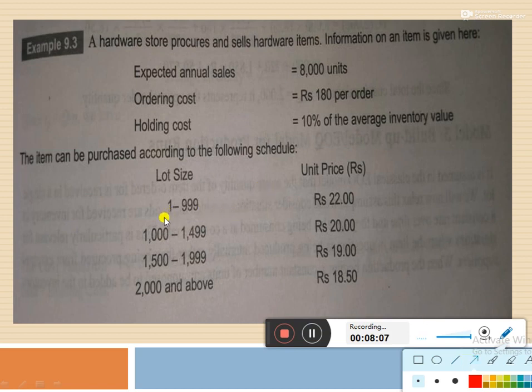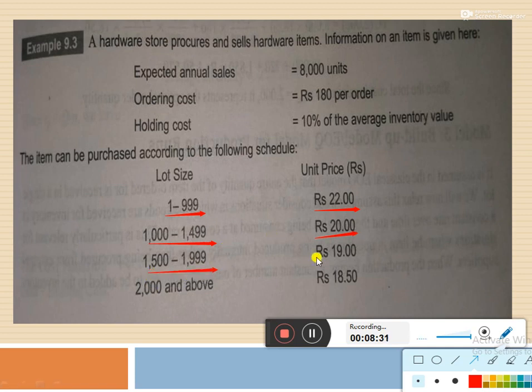If the quantity ordered lies between 1 to 999, then the unit price would be equal to 22 rupees. If the quantity ordered lies between 1000 to 1499, then the unit price would be equal to 20 rupees. So we would get a discount of 2 rupees per unit.